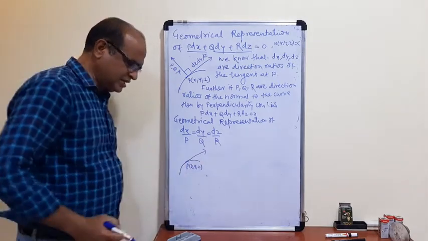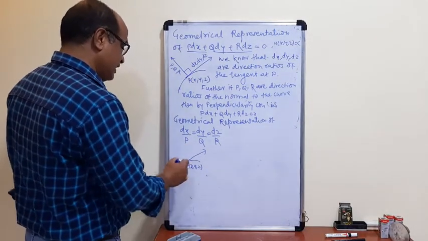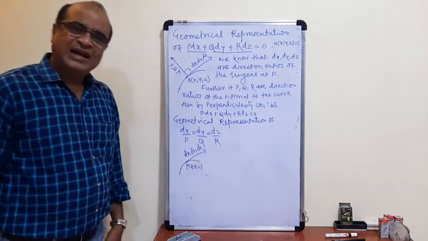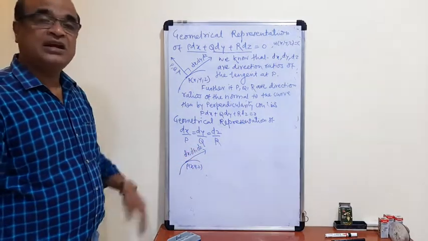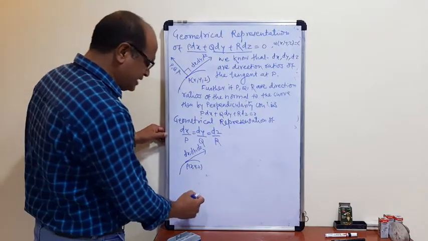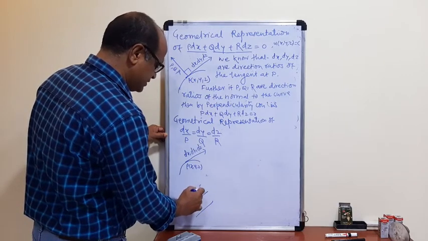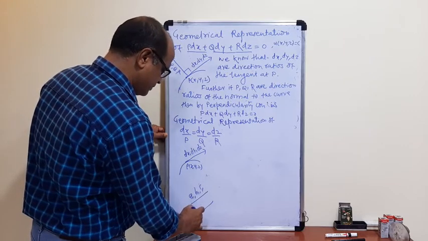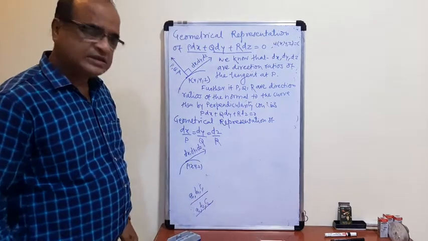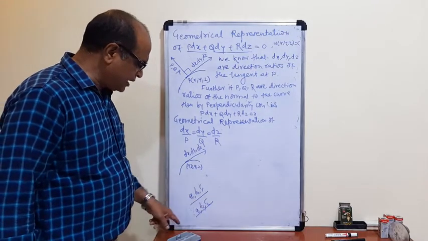So this is the tangent at the point P. So let us consider that dx, dy, dz are the direction ratios of the tangent at the point P. Now if there are two lines, A1, B1, C1 are the direction ratios of this line, and A2, B2, C2 are the direction ratios of the other line.